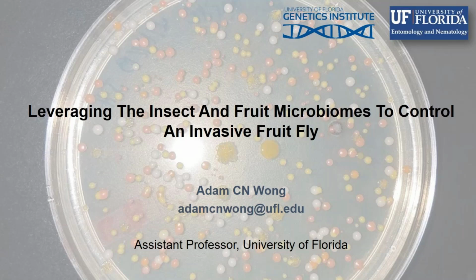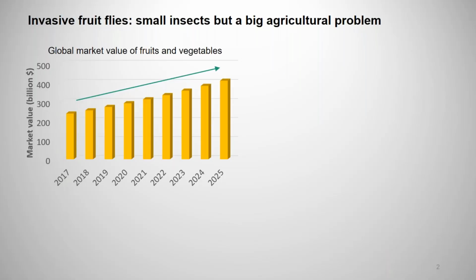So just to give you a little bit of an idea of the big picture on why we're interested in invasive fruit flies: the global market value for fruit and vegetable production is a significant part of the human world. Currently, the market value is estimated at $240 billion, and it's projected to grow at 7% per year, meaning that in the next 5 to 10 years, it's going to reach the $400 billion mark.